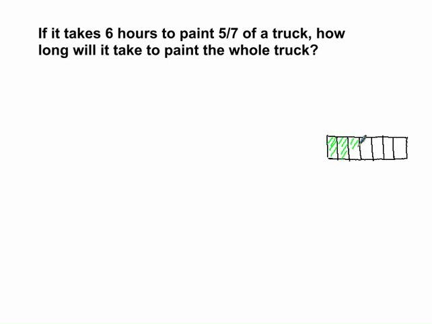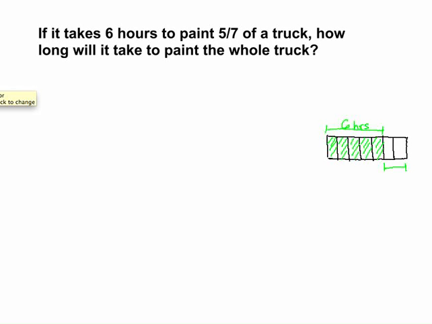It's 5 parts, 3, 4, 5, and in that time, it takes 6 hours. We need to find out what's going to be the total time so that we can get to 7/7, which is the whole truck.